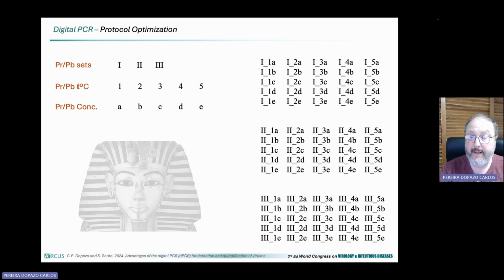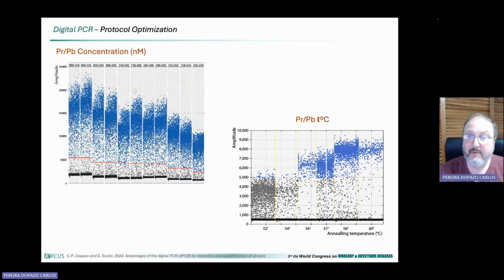But the best way to ensure the optimization of the protocol and the higher reliability of the procedure is to follow all these steps to optimize the protocol. So we can select the best primers and probes and the best conditions.